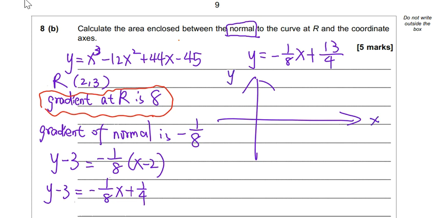Now, the x-coordinate of this line should be when y is 0, we want to solve for x. So we can do it here, I guess. Negative 1 over 8x plus 13 over 4 should be 0. So x should be, I think it's 26, right?